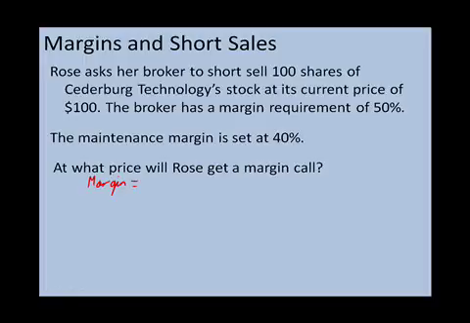So we know that the margin is going to be equal to the cash from the short sale initially, plus the capital invested by Rose, minus the loan, all divided by the value of the stock.